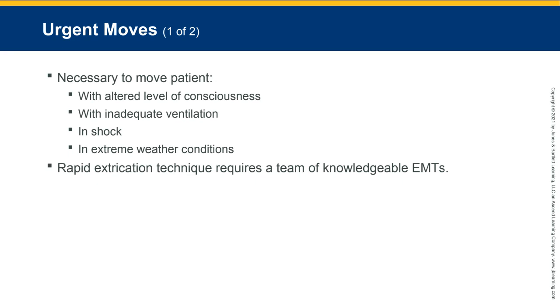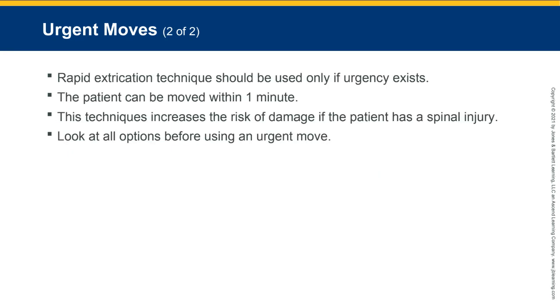So we find a patient in a motor vehicle accident. Patient is not stable. You're not communicating with us. We can use a rapid extrication to remove that patient out of the vehicle. That would be an urgent move.